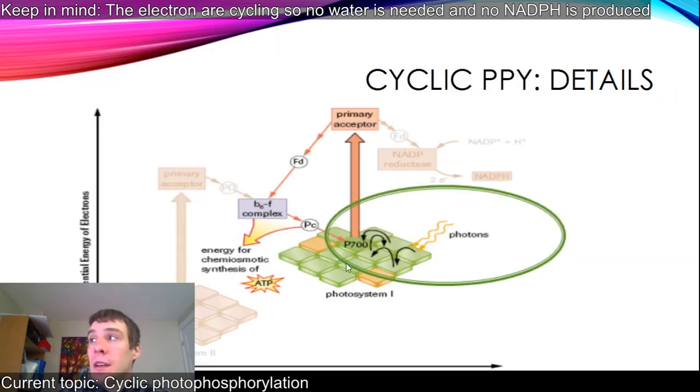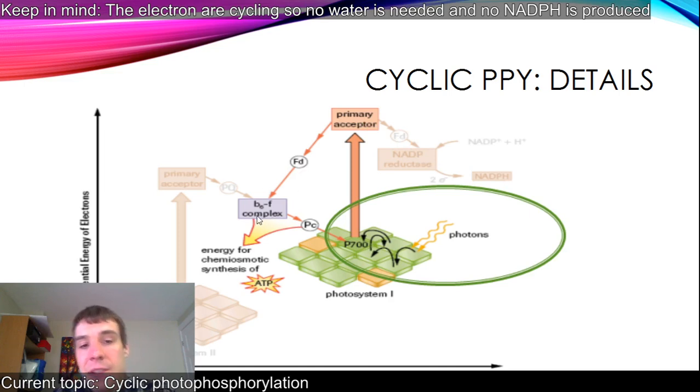Photosystem 1, you see the photons hitting it, jumping around, hitting the reaction center, and they go up to the primary acceptor on the reaction center. Normally they would pass to ferredoxin and go to NADP reductase, but they pass to ferredoxin just like normal, and then the ferredoxin passes it to B6F instead.